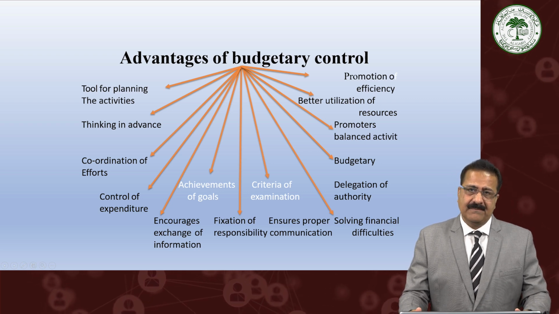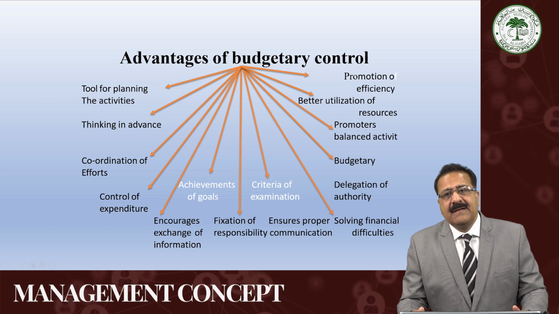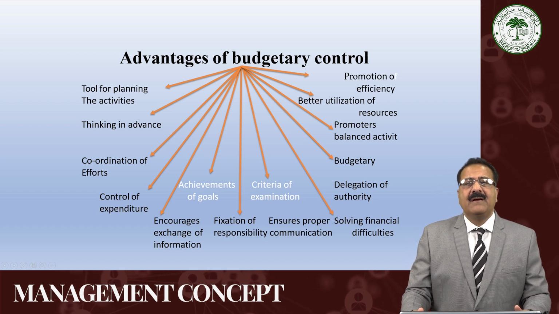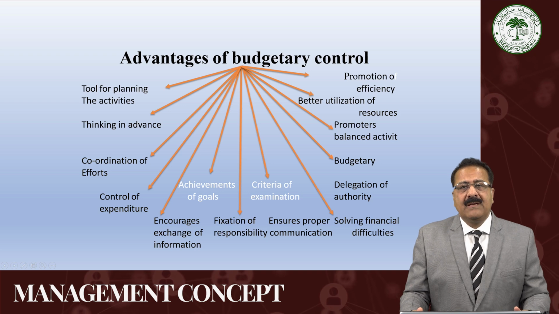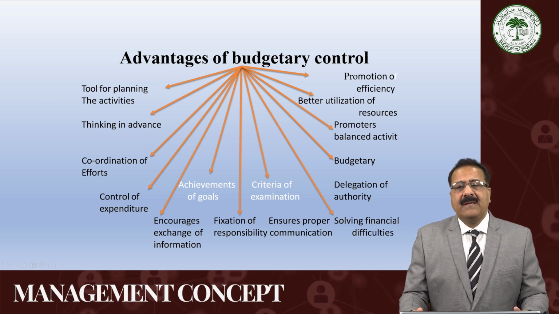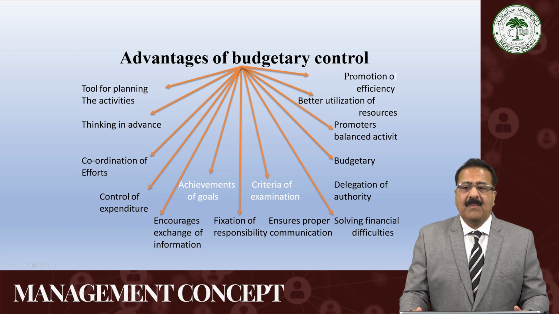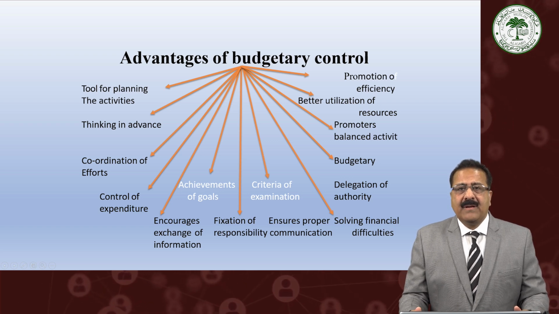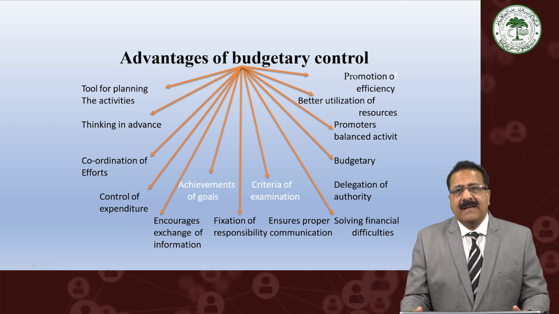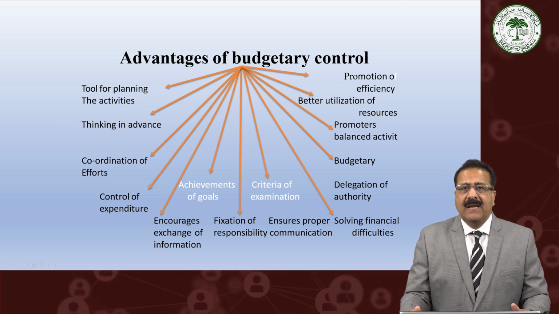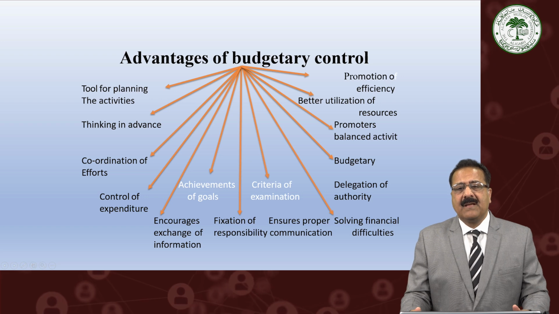The budgetary control makes the delegation of authority, an important function of management, easy. Through the budgetary control, the organization can plan the authority-responsibility relationship, and then the responsibility and authority can be given in the best hands.